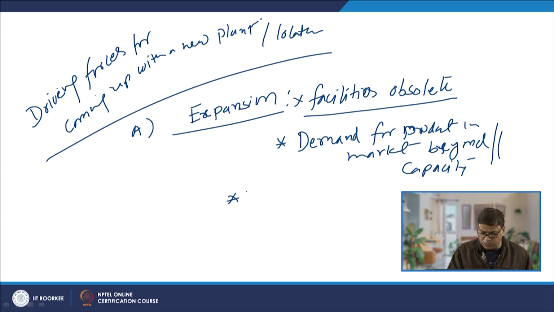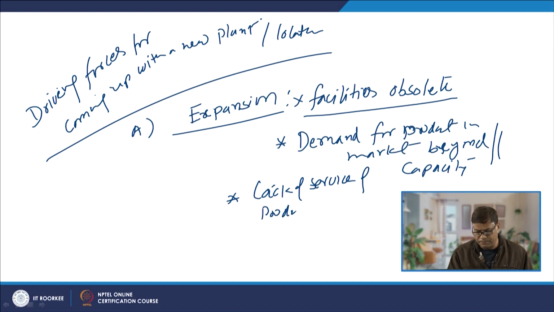And the third situation for the expansion is that it wants to provide the services and products to the customers at those locations where such kind of the services and products are not available. So, we can say the lack of services and products in specific areas.